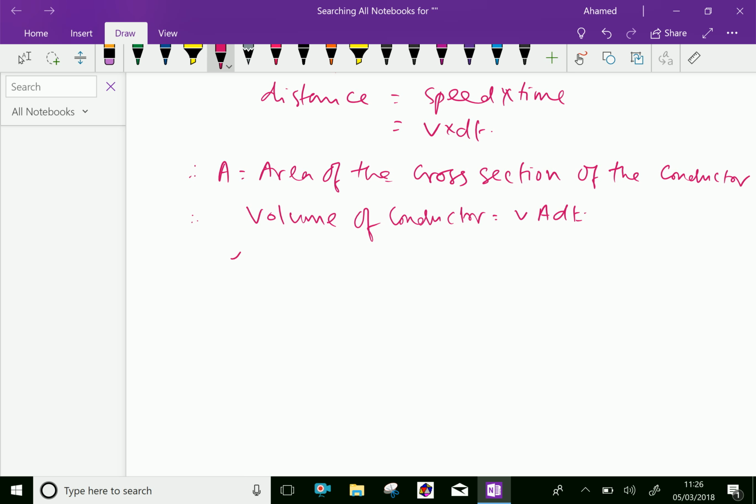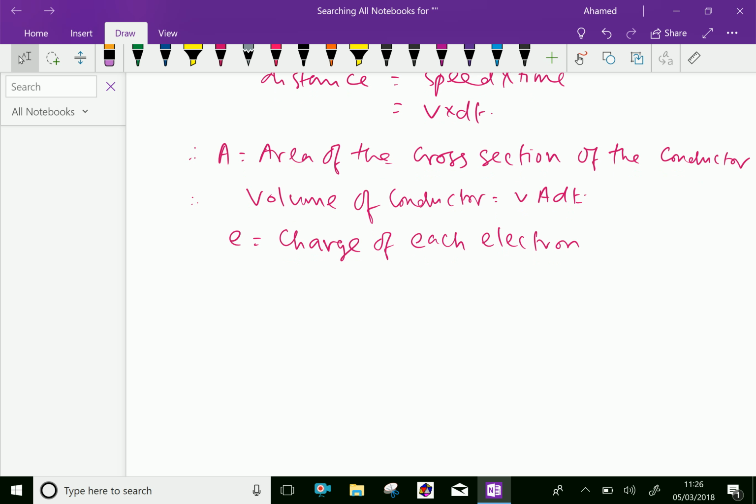Now let e equal the charge of each electron, in coulomb, and dt is the time.